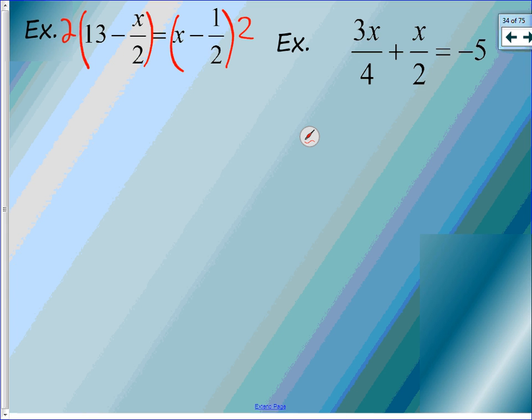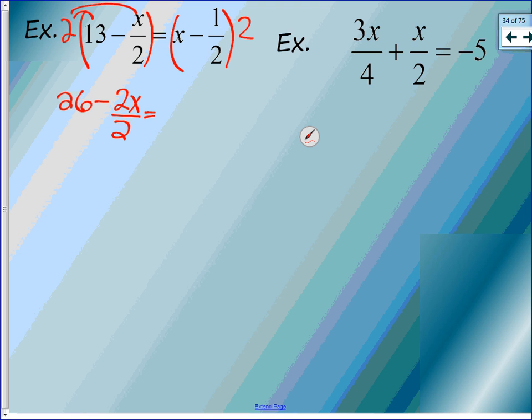Now, I have to multiply the 2 by everything, not just the fractions, because the equation must stay balanced. So 2 times 13 is 26, minus 2x over 2, because 2 is 2 over 1. So 2 gets multiplied by the x. The 2 in the denominator stays at 2, because that doesn't change at all.